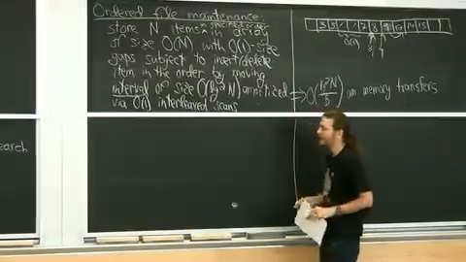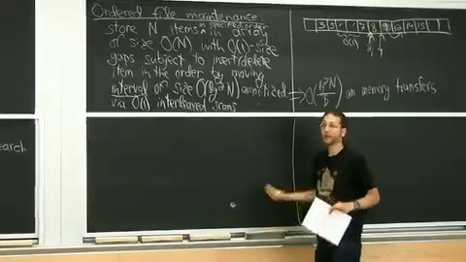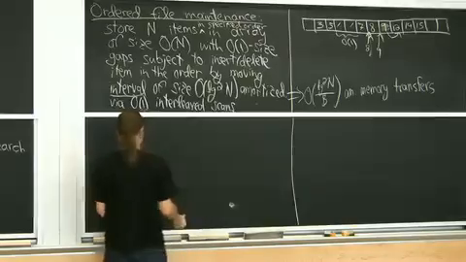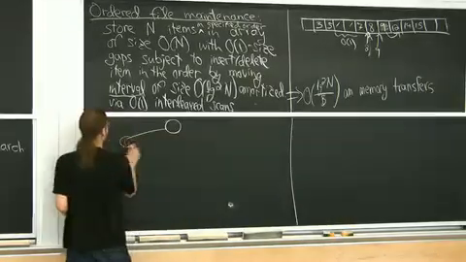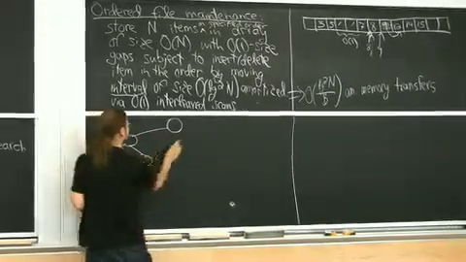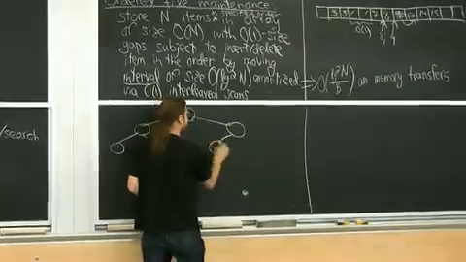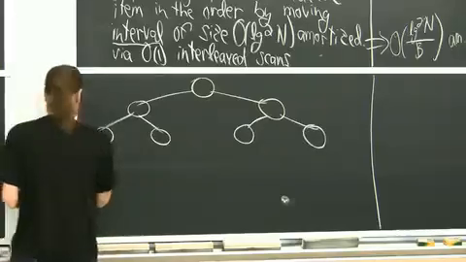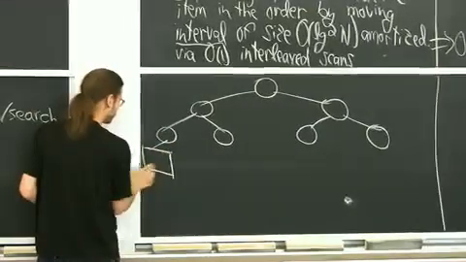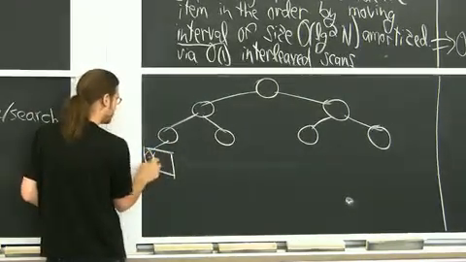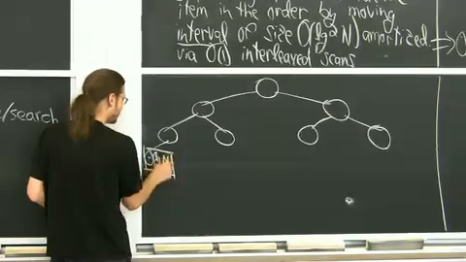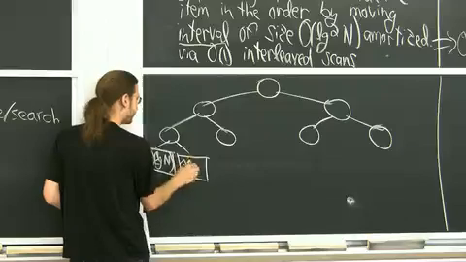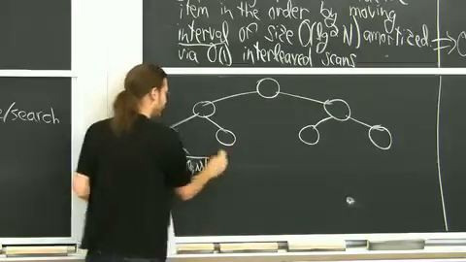And to think about intervals in a nice controlled way, we're going to build a binary tree, our good friend. Let me just draw this binary tree. Now, I need to do something a little bit special at the leaves. I'm going to cluster together log n items.